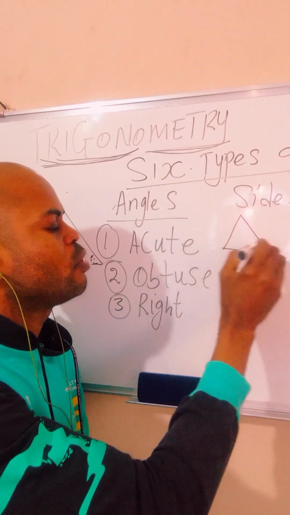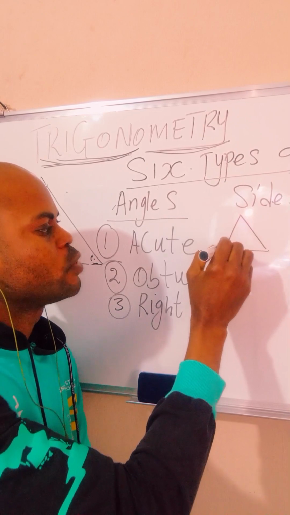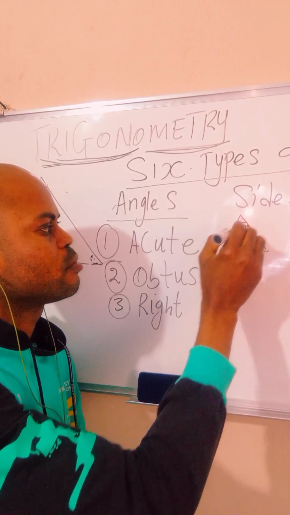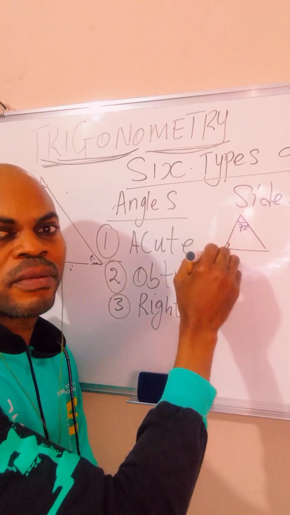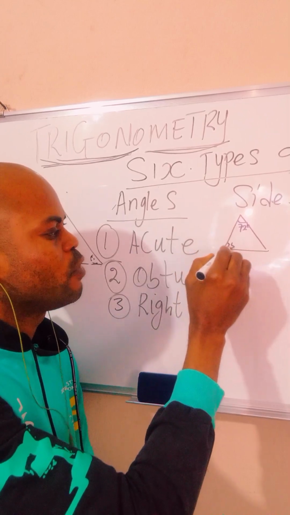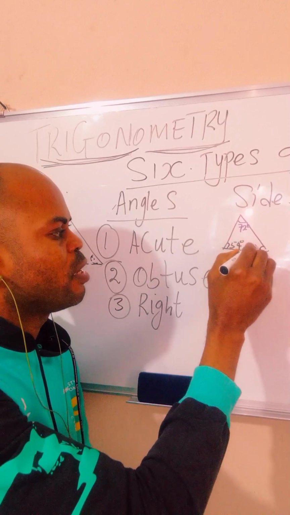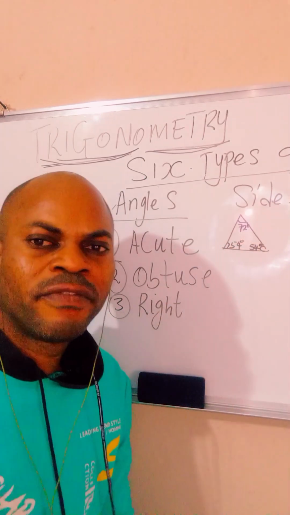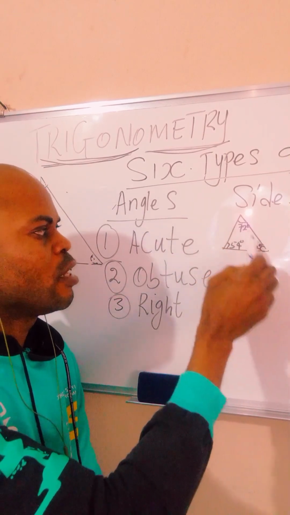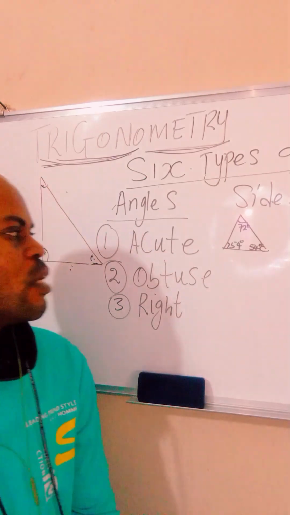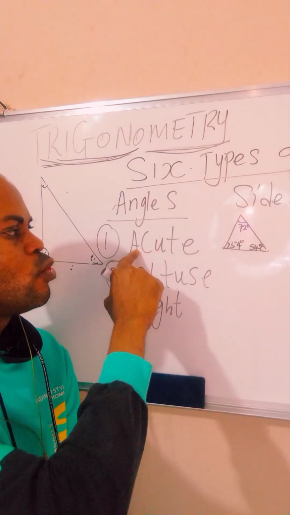Here maybe 72 degrees, here maybe 54 degrees, and here maybe another 54 degrees. So that if you add everything together, you're going to be having 180.